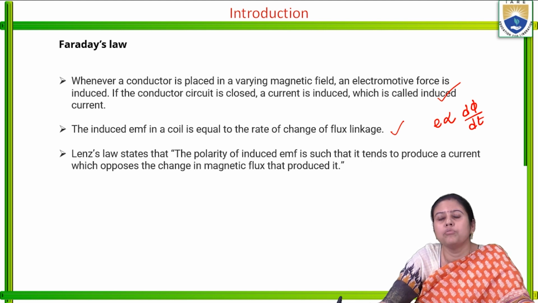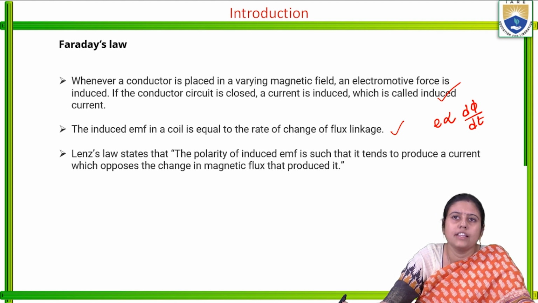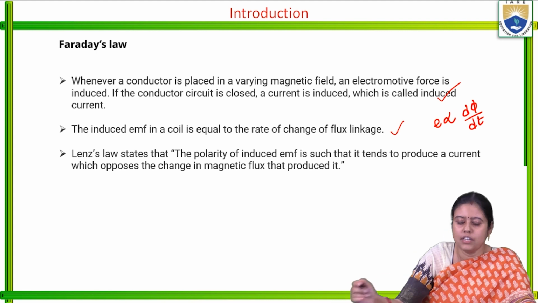And the third law is known as Lenz's law, which states that the polarity of the induced EMF is such that it tends to oppose its cause. What does it mean? The polarity of the induced EMF is such that it tends to produce a current which opposes the change in the magnetic flux producing it.